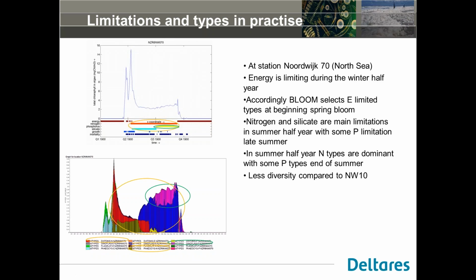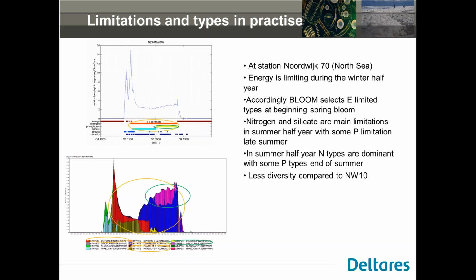So again, in this case, we find in the summer half year nitrogen limited types to become dominant, and some phosphorus limited type, which is the one over here, at the same time. And there is less species diversity compared to the previous station that we looked at.